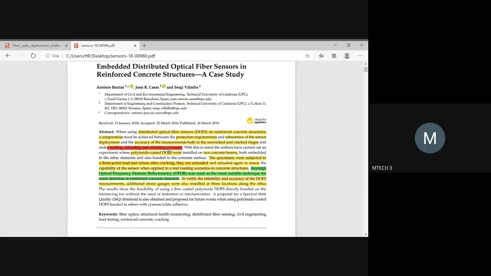So, the same thing is being focused on over here. This optical fiber sensor plays a very vital role in protecting the entire structure, right? And also it provides very accurate measurements in both uncracked and cracked stages. So it will continuously monitor and say that there is no crack penetration from this time to this time, and suddenly a crack came into the picture.